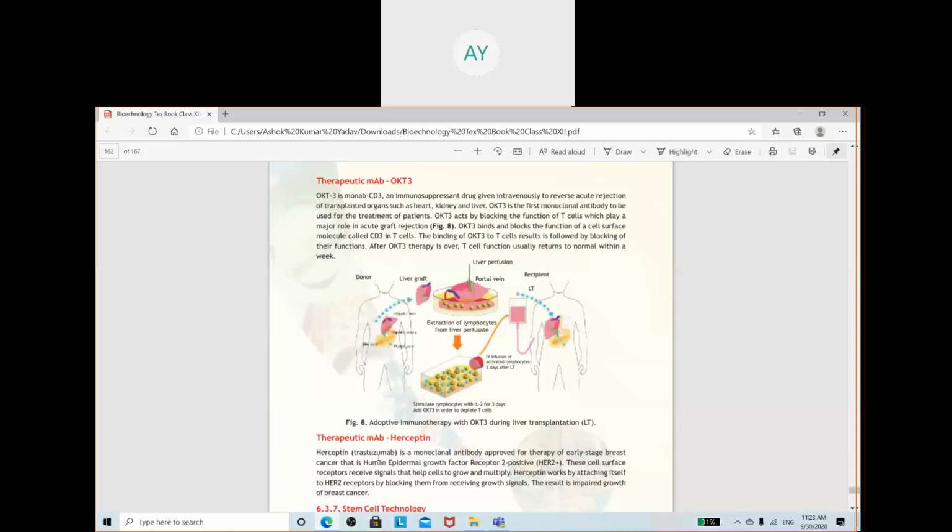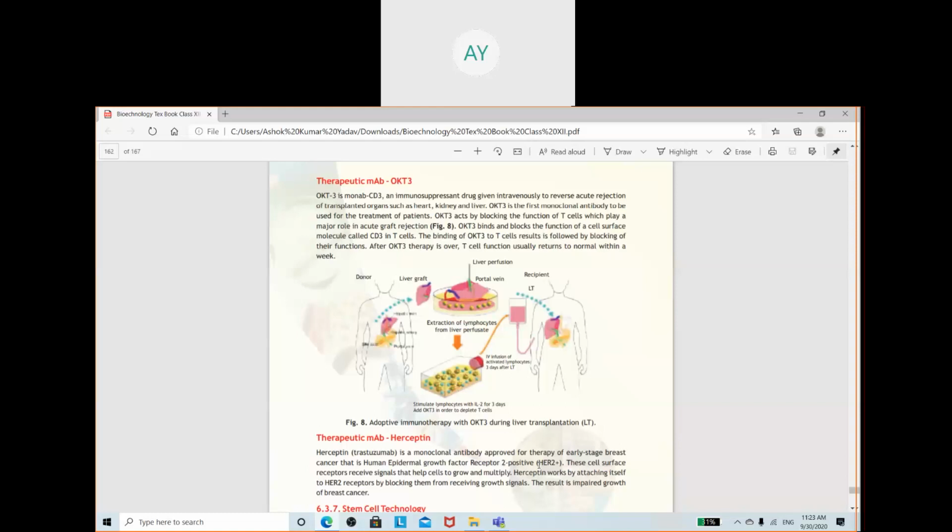So what happens? Human epidermal growth factor receptor 2 positive. The antibody joins with the cell surface receptor that helps cells to grow and multiply.